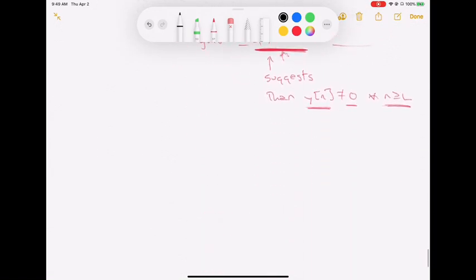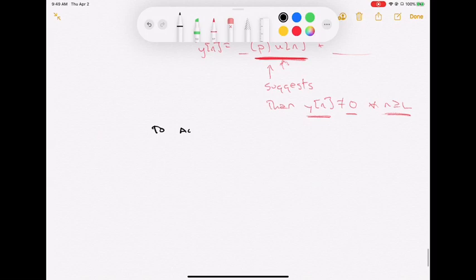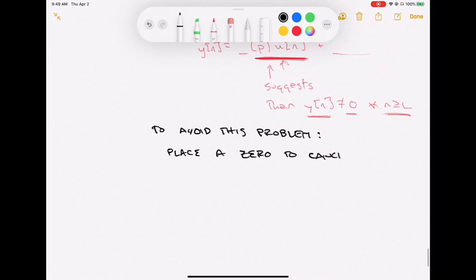So to avoid this problem, this contradiction, this way of never paying off my loan, I'm going to place a 0 to cover, or cancel, that apparent pole at z equaling p.